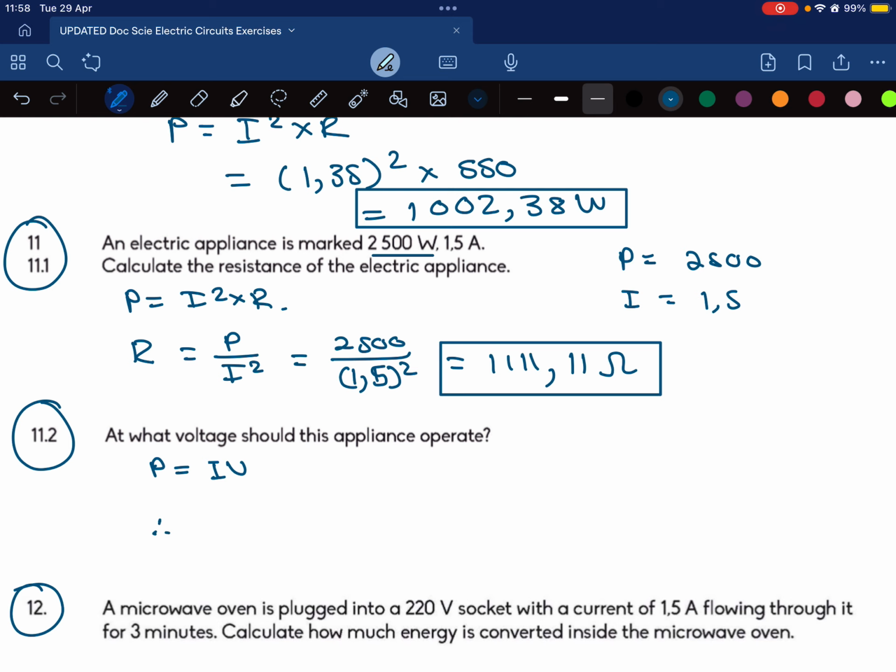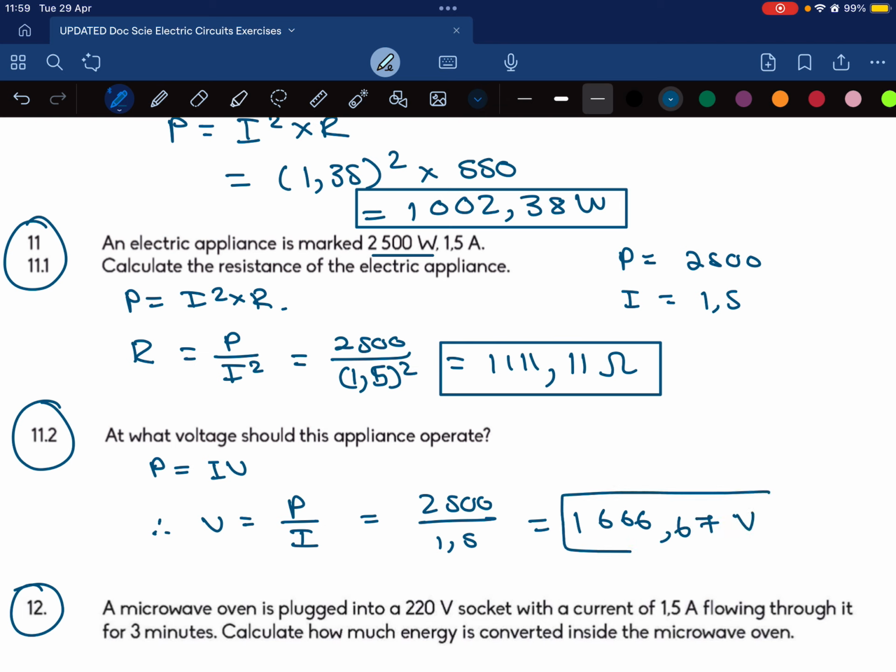Therefore the voltage is equal to the power over the current, which is equal to 2,500 divided by 1.5, which is equal to 1,666,67 volts.